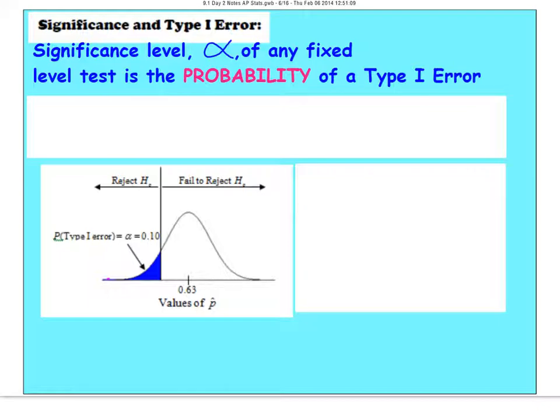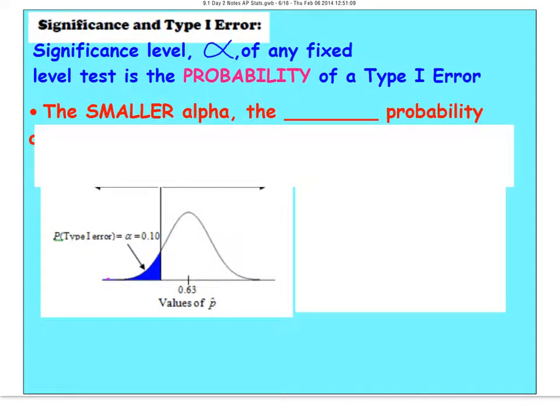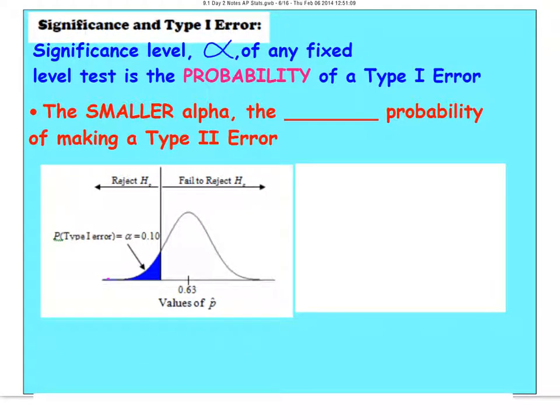Okay, keep this in mind. The smaller alpha, the larger the probability of making a type 2 error. So really, it's almost like the type 1 and the type 2 kind of go hand in hand. If I lower my probability for a type 1 error, it's going to raise my probability for a type 2 error.